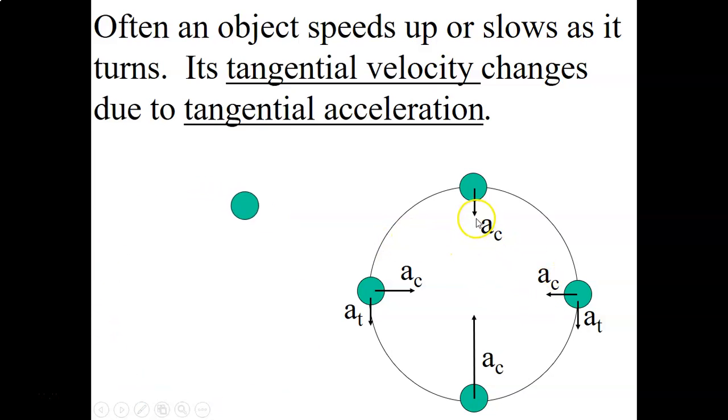So there's still centripetal acceleration. There would also be some tangential acceleration from gravity. We're not going to do much with this, so don't let this really mess with your mind. But that tangential acceleration is what's causing it to speed up on the right part and slow down on the left part.